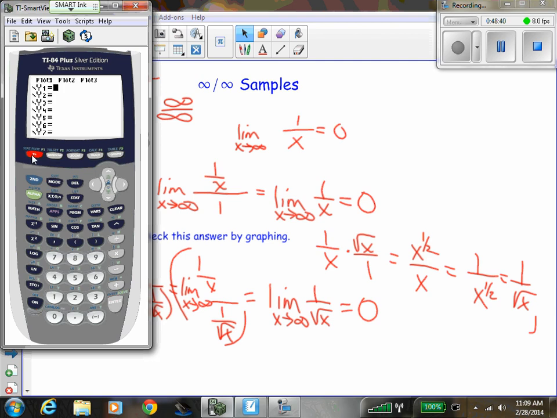Now, what we had here to start with was natural log. Wrong button. All right. Natural log of x divided by parentheses 2 square root of x.